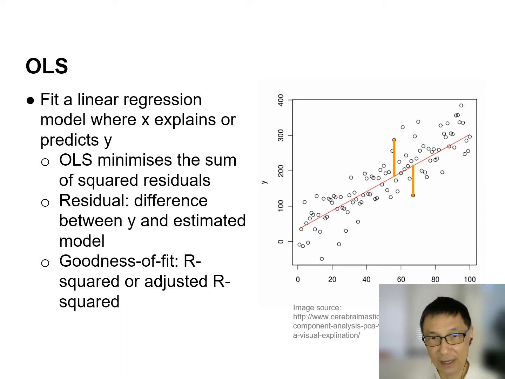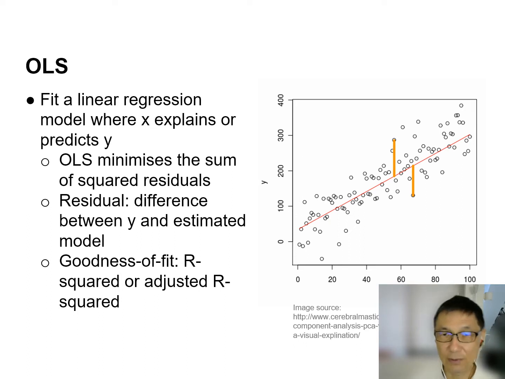Referring to this figure, this could be the Y variable, this is the X variable, and the dots mark the points, each of which is an observation of Y and X. For instance, this is one observation where X is around 20 and Y is about 110. This is another observation where X is about 85 and Y is 320.